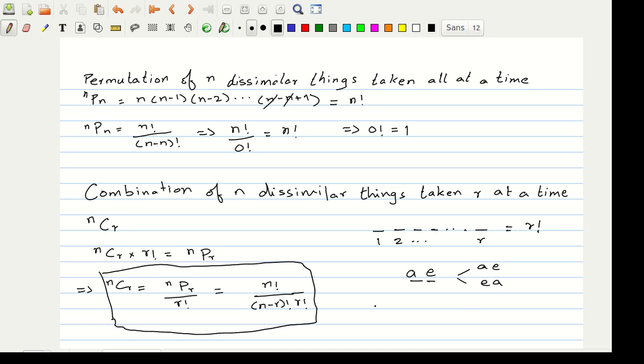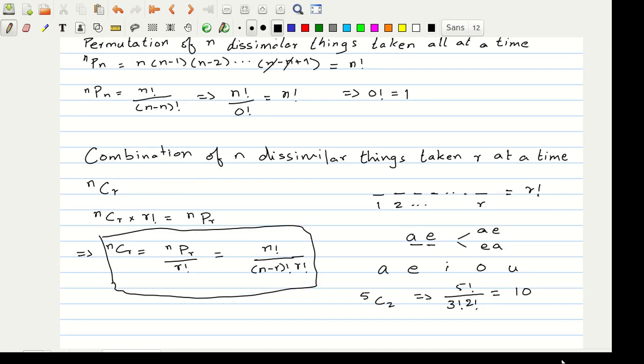Okay, so how many ways can we find the combination of two objects out of 5 vowels? So we have A, E, I, O and U. Now we want to find out 5C2. This can be done as factorial 5 divided by factorial 5 minus 2, which is factorial 3, times factorial 2, and if you calculate this you will get 10, right?